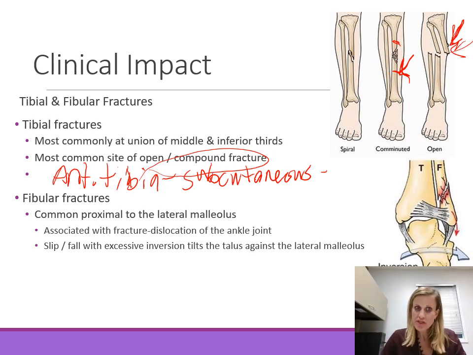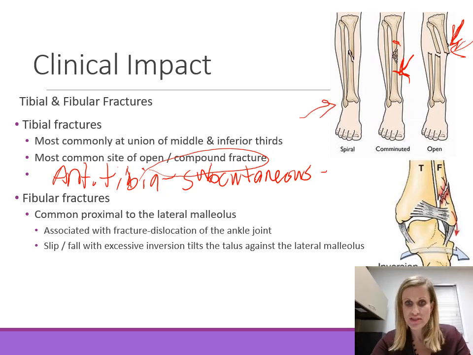Fibular fractures are common, or most common, just proximal to the lateral malleolus. So again, in lab, you should have looked at the bones and processes of parts of the bones. But if you look at the ankle here, the distalmost part of the tibia forms the medial malleolus, this bulge that sticks out on the inside of the ankle.